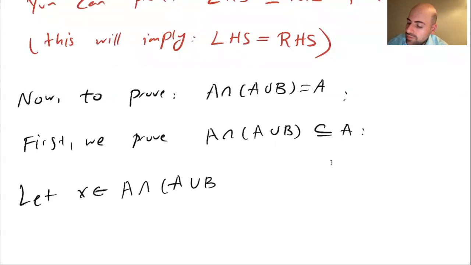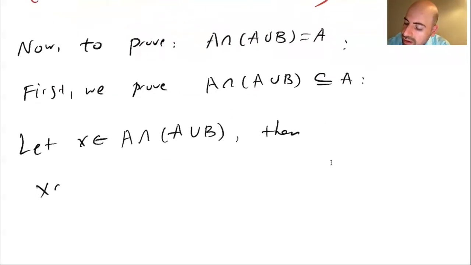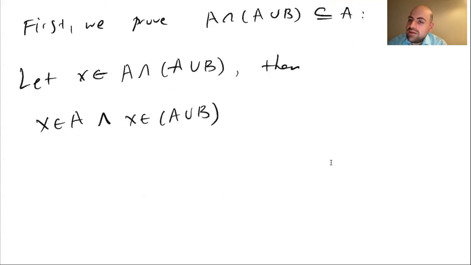Then by definition of intersection, if I know that X is in an intersection of two sets, it means it has to be inside both of those two sets. So then X belongs to A and X belongs to A union B. Well, there's a conjunction.